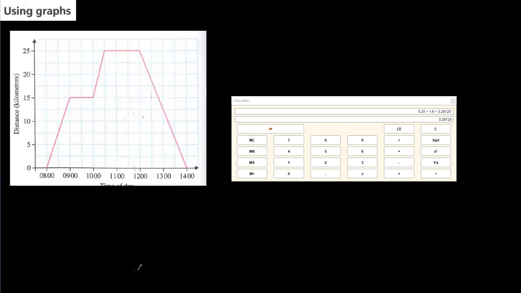Okay, let's continue to use graphs for this type of problem. Here there is a graph. The person leaves the house at 8 o'clock and is traveling for 1 hour. As you see from the graph, from 8 to 9, that means 1 hour, the distance is 15 kilometers.